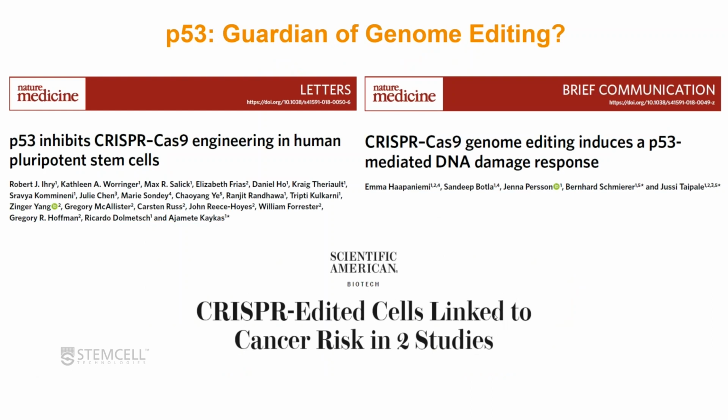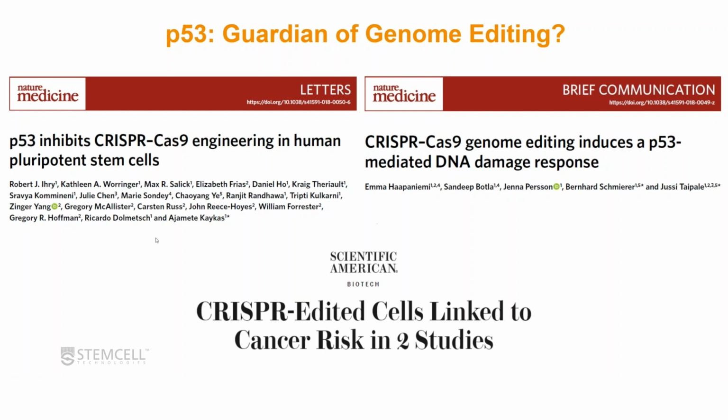Furthermore, in the context of genome editing, genetic stability is really critical because in 2018, 2 groups reported on the phenomenon that the p53 pathway is activated by CRISPR-Cas9 induced double-stranded breaks, and that this response reduces the efficacy of genome editing. Importantly, this indicates that p53 status should be carefully monitored before and especially after you edit your cell lines.